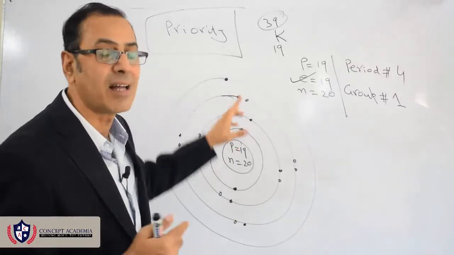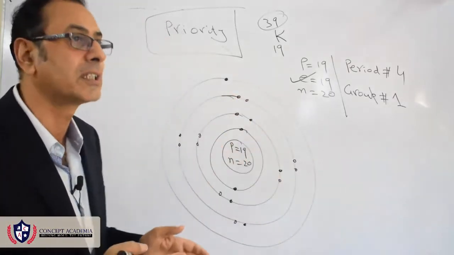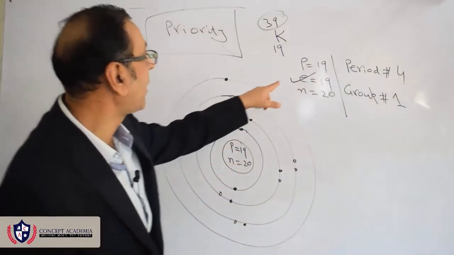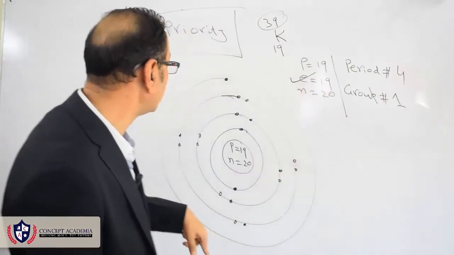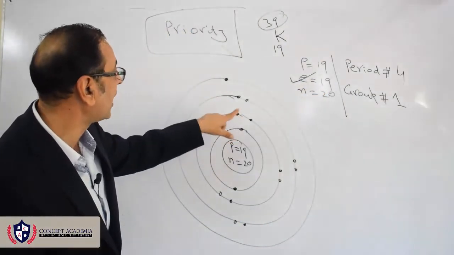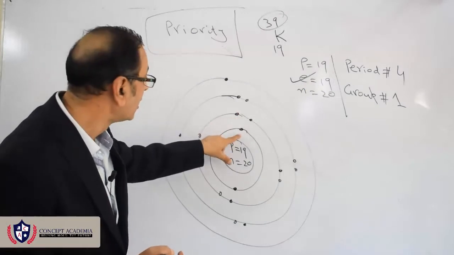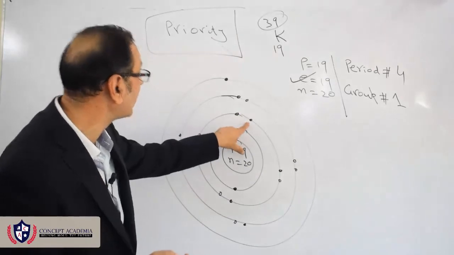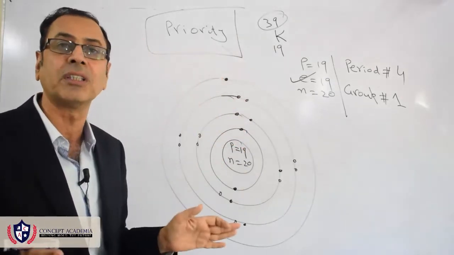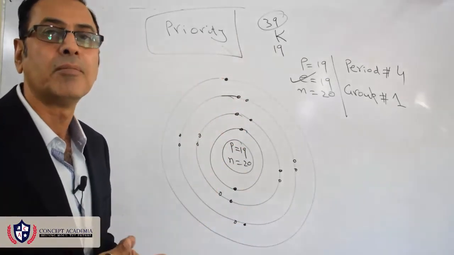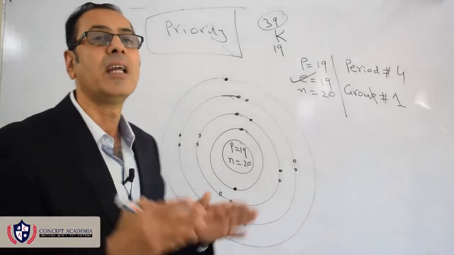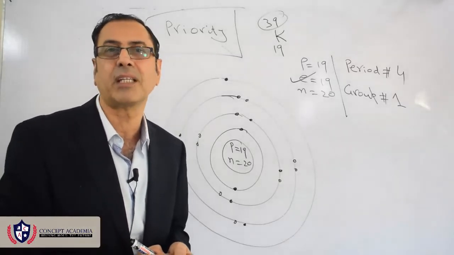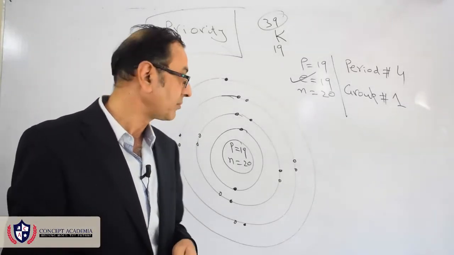The second last shell's electrons must be added at the end, with respect to the total of 19 electrons: 2 in the first shell, 8 in the second shell, so 1, 2, 3, 4, 5, 6, 7, 8, 9, 10, and 1 in the last shell, and the remaining electrons must be added in the second last shell. In this way, our chances of making a mistake will be eliminated.